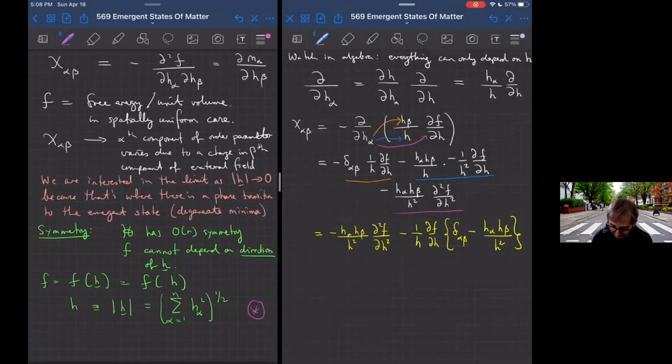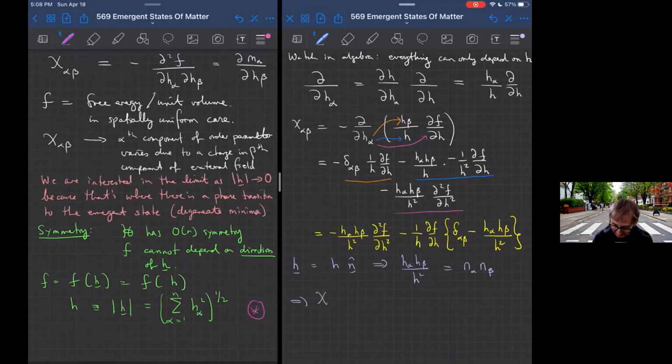So remember that the vector H is equal to its magnitude times the direction of ordering. And so when I write down things like H_alpha H_beta over h squared, that is just n_alpha n_beta, where n is this unit vector.